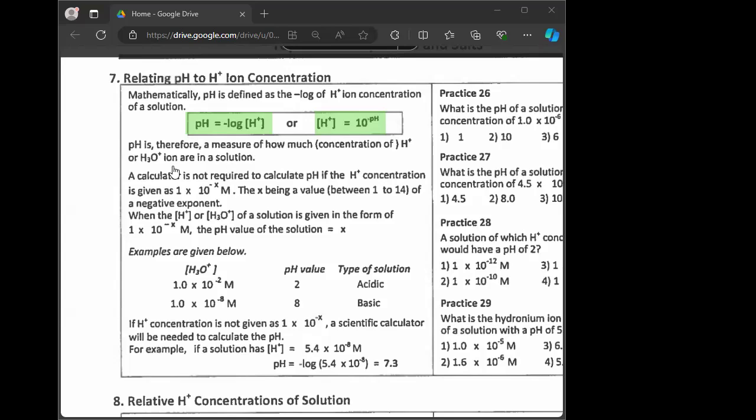Now, the cool thing is that a calculator is not required to calculate the pH if the hydrogen ion concentration is given as 1 times 10 to the negative something.